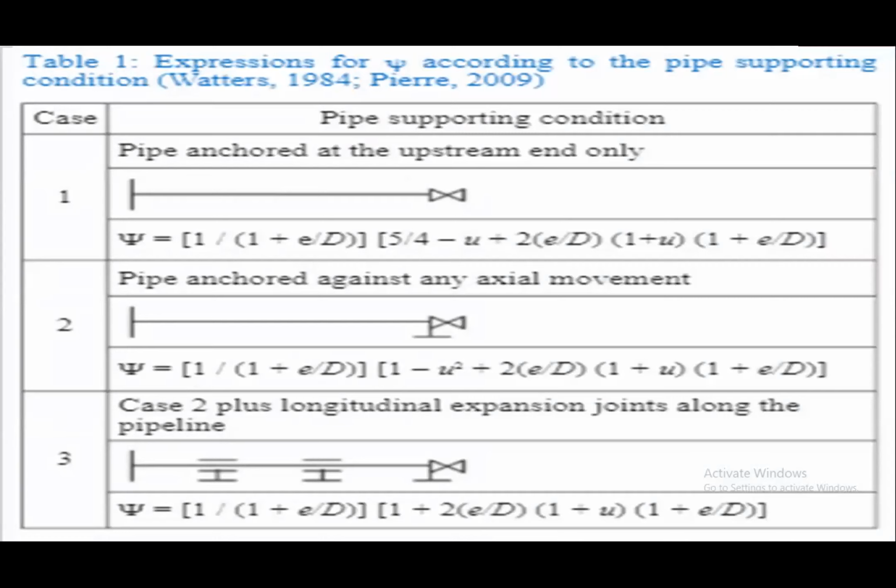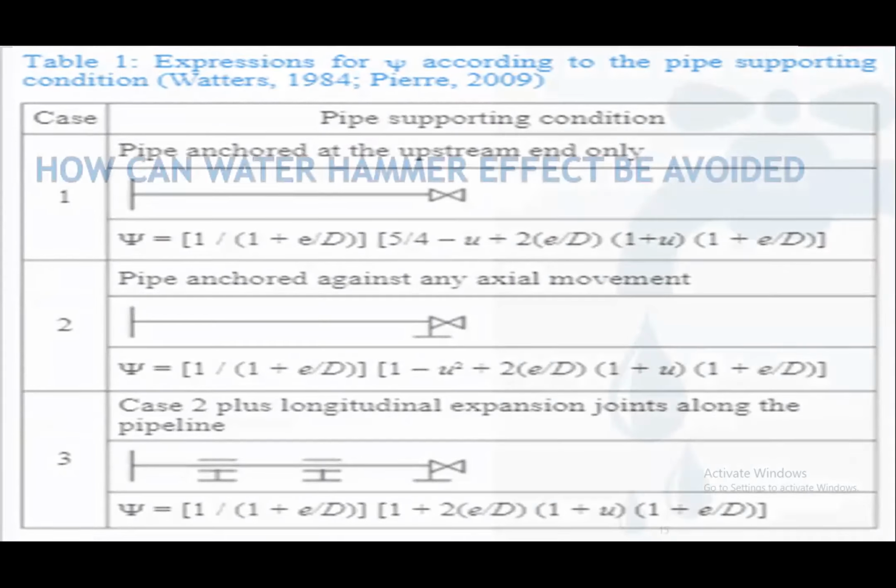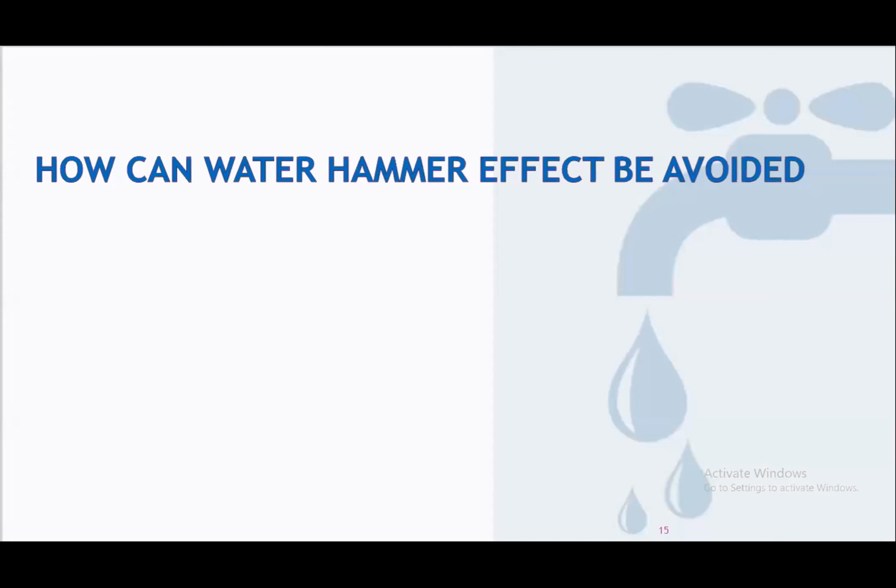This is an example of pipe supporting conditions and how we calculate phi. Of course, in water hammer, no one calculates the heads or the pressure manually. It's a really complicated process and a complicated equation. As I said, it's the simplest equation, and it only works for gravity pipelines. If you have a pressurized pipeline with pump stations and so on, this equation won't work.